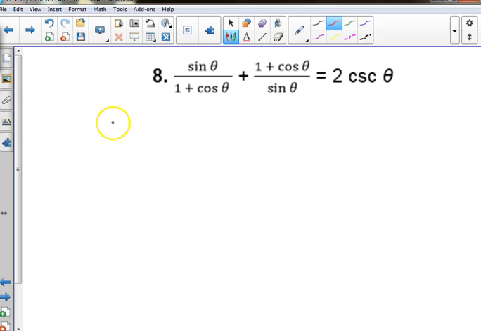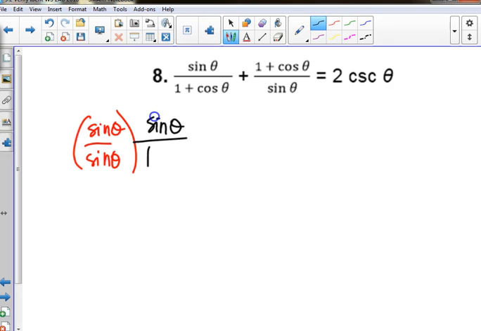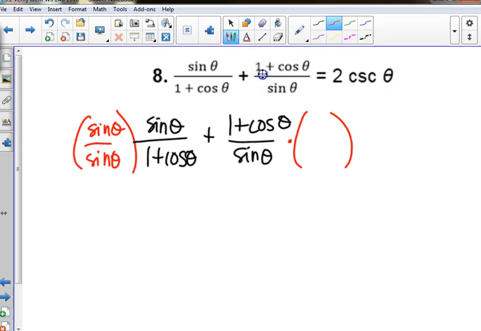Okay. So I'm going to rewrite it. So I'm going to write, what am I multiplying the first one by? Sine over sine. And what am I multiplying the one on the right side of the plus sign?